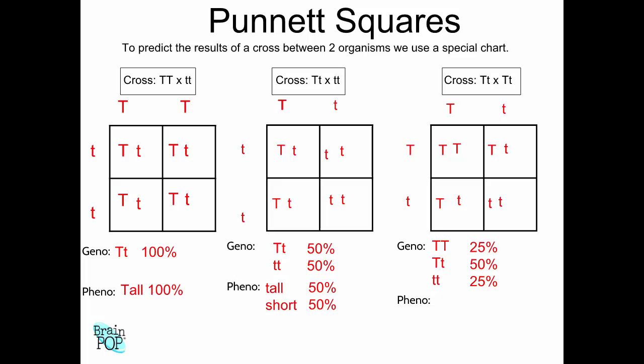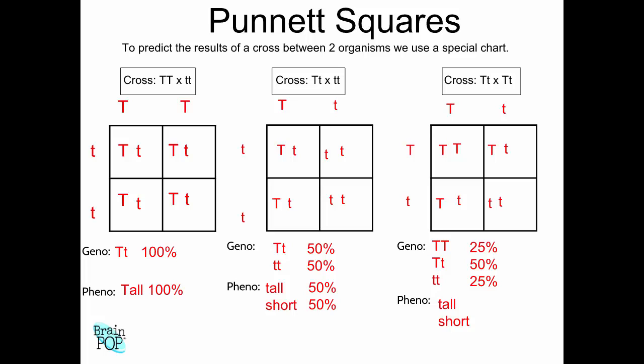Hannah, what phenotypes are going to be present? Yeah, tall and short. What percentage would be tall, Zach? 75%. Who can tell me why 75% is going to be tall? Kendall?